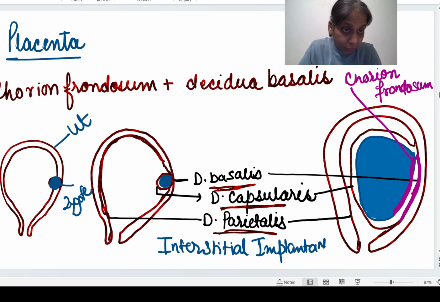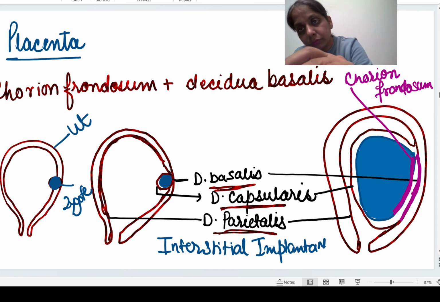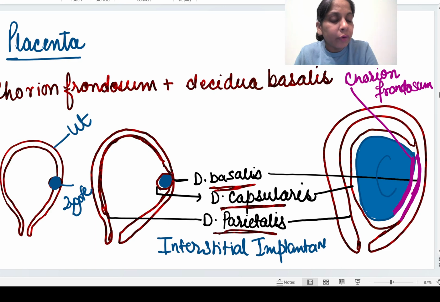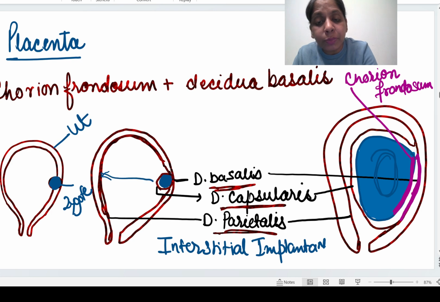Now slowly the fetus starts growing, and the space between the capsularis and the parietalis fuses because the zygote or the embryo is growing.